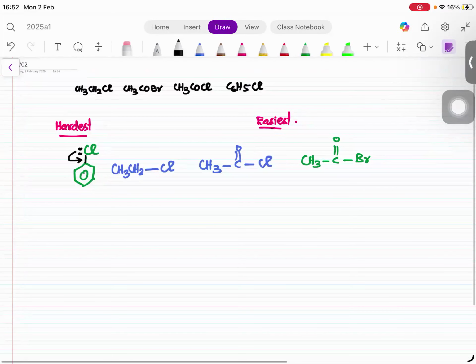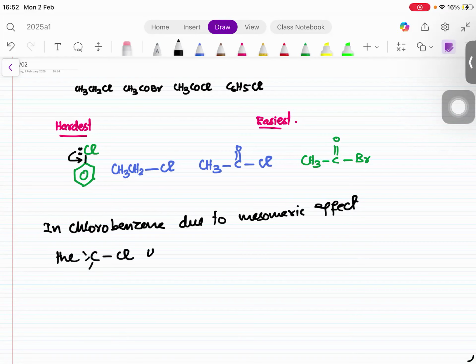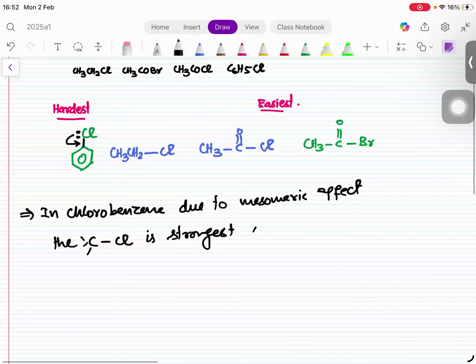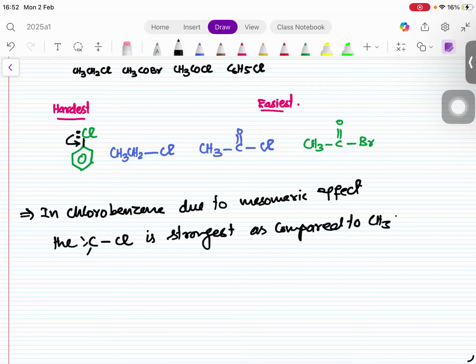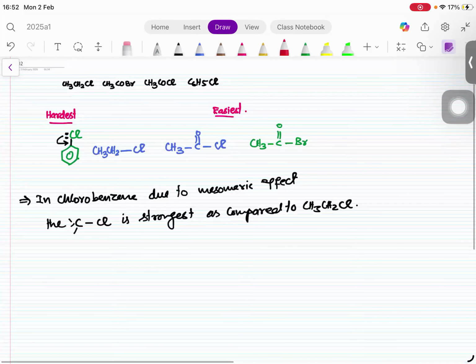So what we are going to write in the first one, that in chlorobenzene, due to mesomeric effect, the C-Cl bond is strongest, right? As compared to CH3CH2Cl.